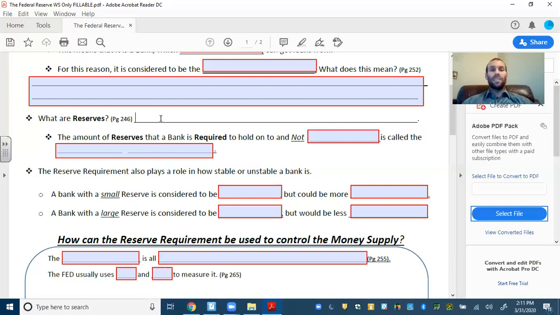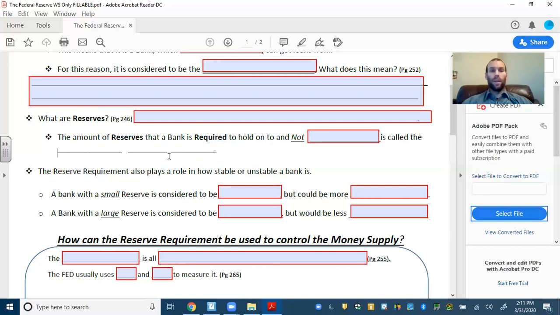Now, banks keep reserves. Now, the amount of reserves that a bank is required to hold on to and not lend out is called the reserve requirement. It's really easy to remember that. Banks need to keep reserves, but the amount of reserves they're required to hold on to is the reserve requirement. So if the reserve requirement was 10%, then they have to keep on to 10% of all the deposits.